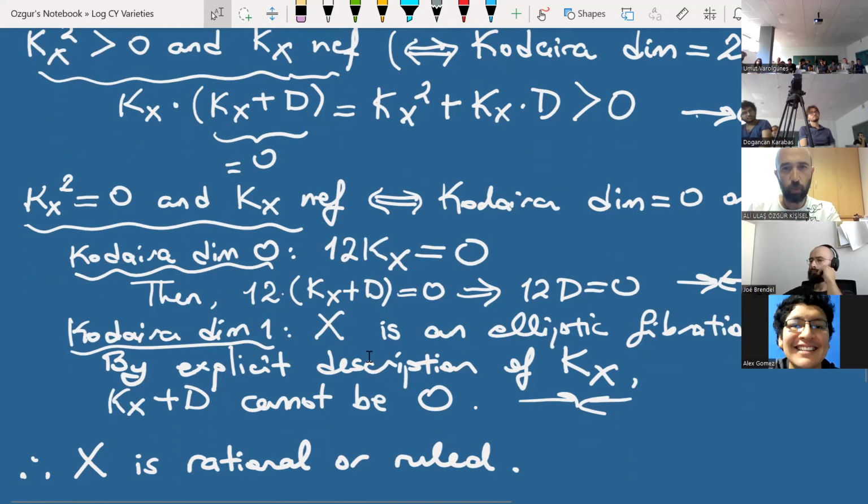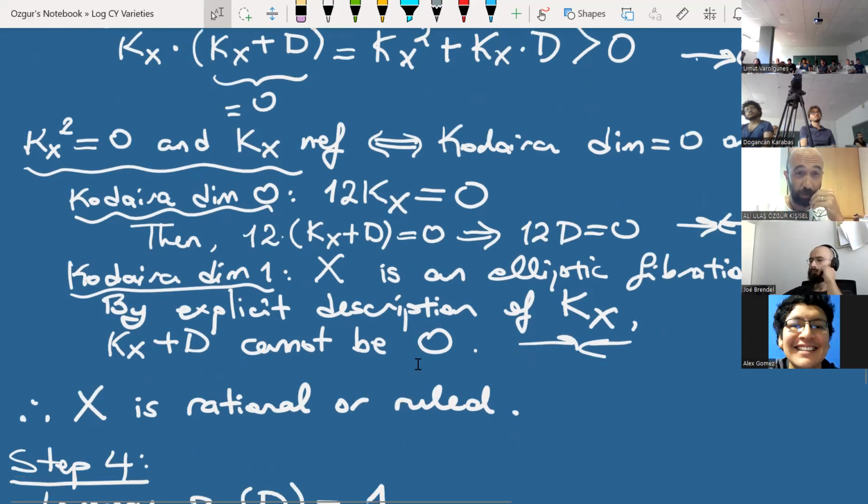And Kodaira dimension 1 case, here you can, again, by looking at classification of surfaces, X must be an elliptic fibration, but then you have an explicit description of Kx, and Kx plus D, you can again show that it cannot be 0. So all this argument tells you that X must be either rational or ruled. It must have Kodaira dimension minus infinity.